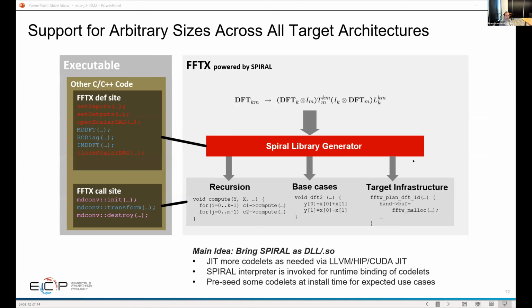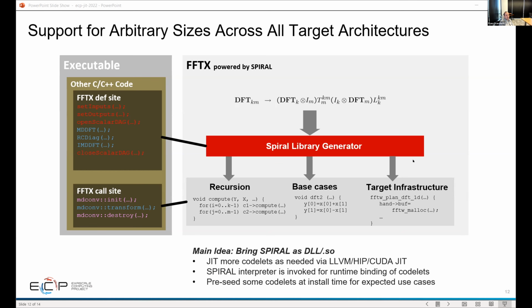Now, how does this look? You have on the left side the executable. You have the C++ code, and then you have the definition side of FFTX and the call side of FFTX. The definition side and the call side of FFTX talk behind the scenes to Spiral, which has the entire code generator and everything with it, and its pre-seeded codelets.